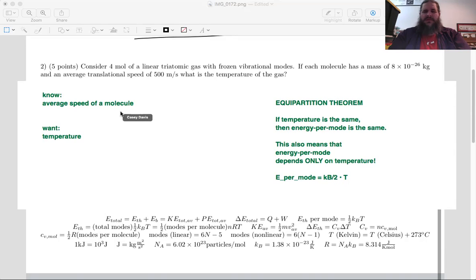We have average speed of a molecule. Is there any way we could use the average speed of a molecule to find the energy per mode, or equations that might relate those together? In particular, if we're talking about energy and we're dealing with speed, what kind of energy is related to speed of the molecule?